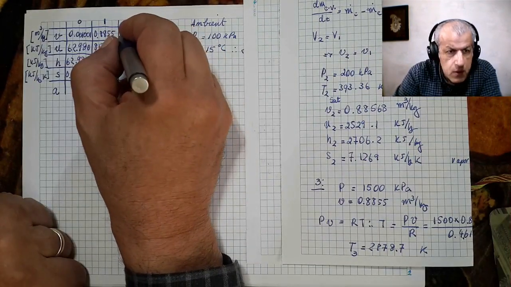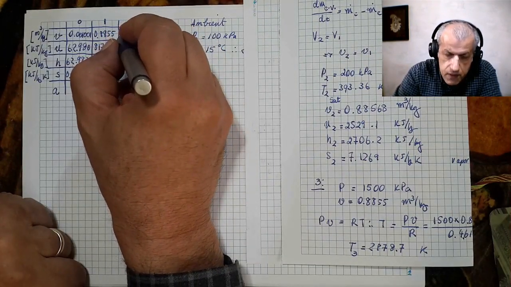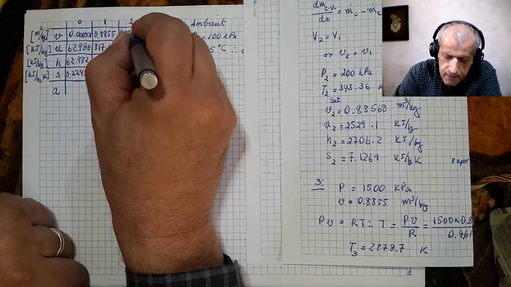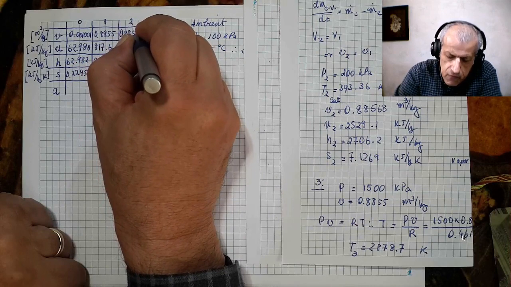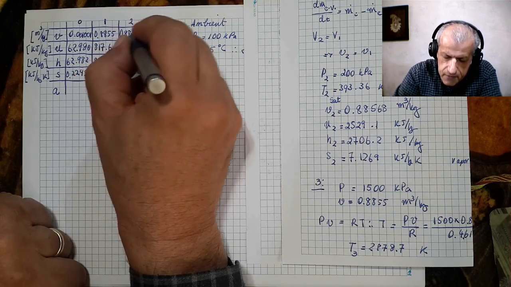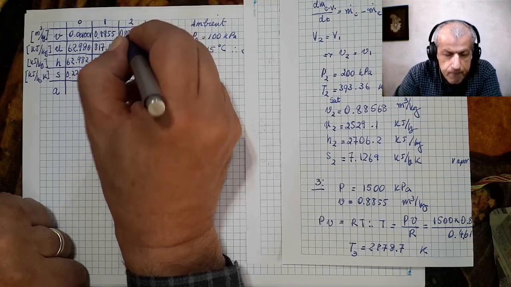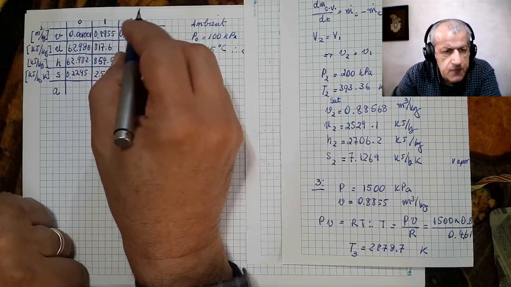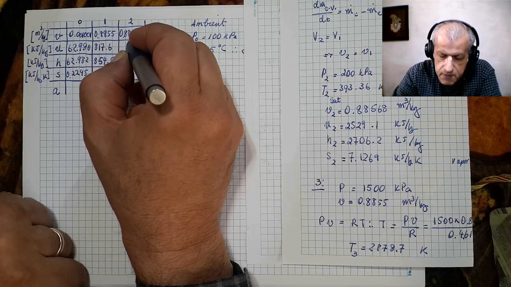At point 2, V was 0.885. Well, we approximated that this change wouldn't be much, and we just accepted this value. It's a good approximation.